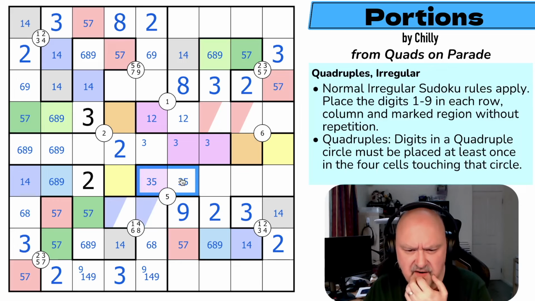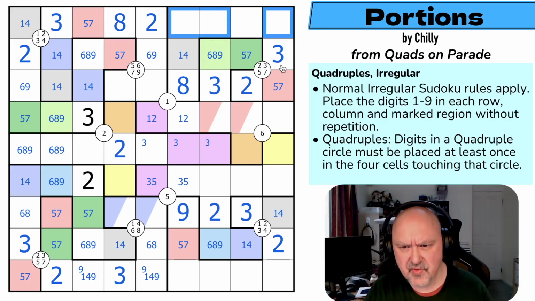This is a 3, 5 pair. And that's what these quads are doing. The green 5, 7 is in there. And there's a green 5, 7 in one of those.